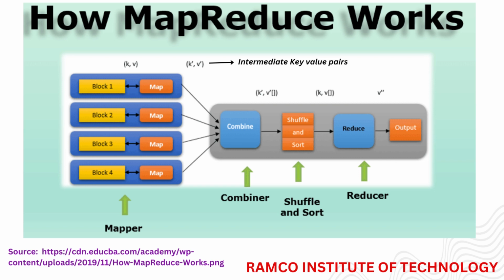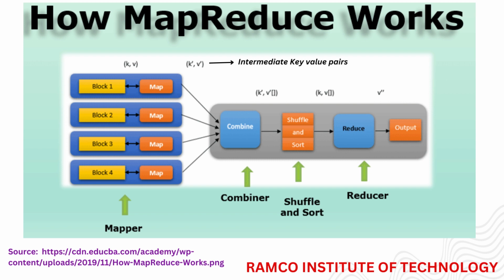The output of the partitioner gets shuffled and sorted and enters the reducer phase. Finally, there is a record writer which writes the output from the reducer component to the output files. So finally we have key value pairs. This is how the MapReduce component works.